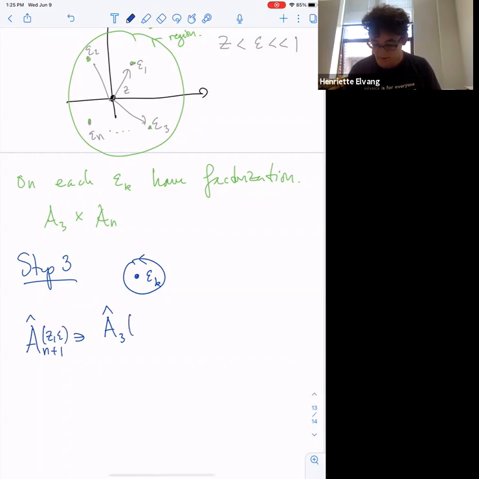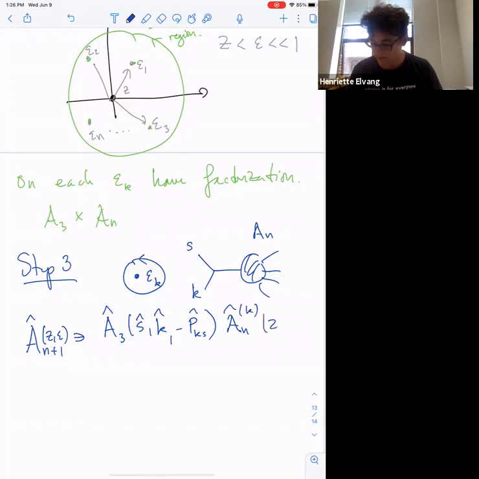So it depends on a shifted amplitude. This picks up exactly the part with S and K, and then the endpoint stuff. So it has the free particle amplitude with S and K and the internal momentum, times some n particle amplitude with line k being special.